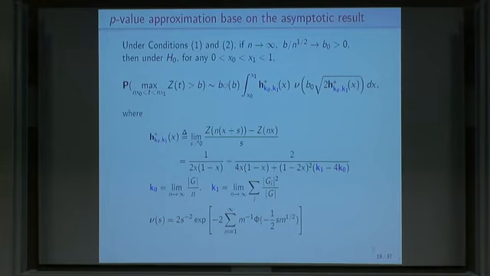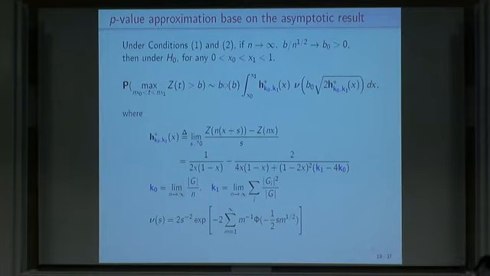I just want to make a small comparison here. If we look at this, it is actually very similar to the result if we were working on the problem of detecting a change point for a sequence of univariate Gaussian distributions with a mean change using the likelihood ratio statistic. We would get a p-value approximation very similar to this one, but the place of this h function would become this expression.